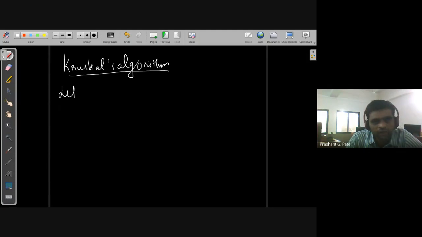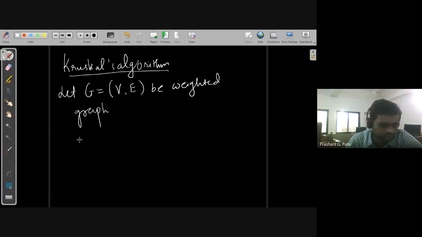Let G be a graph with vertex set V and edge set E, be a weighted graph. So you need to have a weighted graph, and also a connected graph, otherwise the spanning tree will not be possible. So it is a weighted connected graph you require.